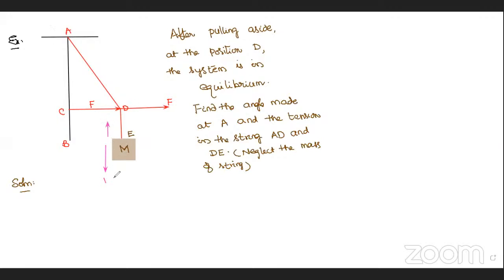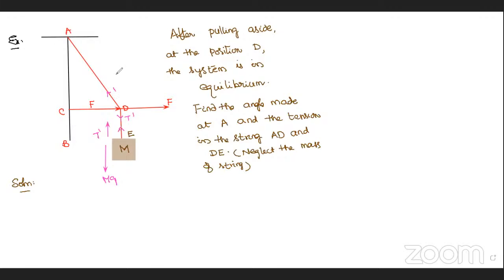This is mg. Here in the string D is some T dash, and here action and reaction, this is T dash. And when you try to pull this side, immediately some tension will be developed here.